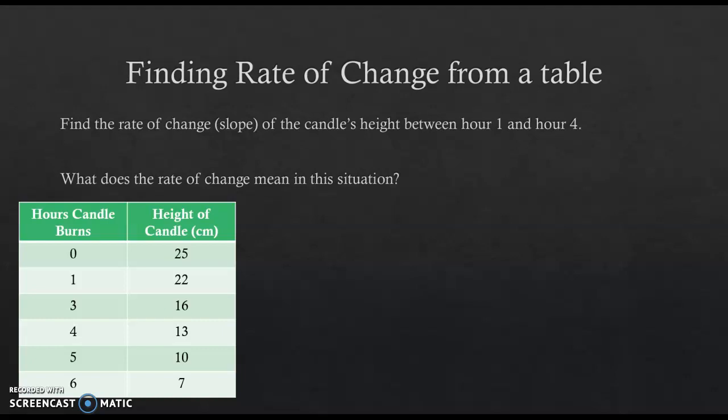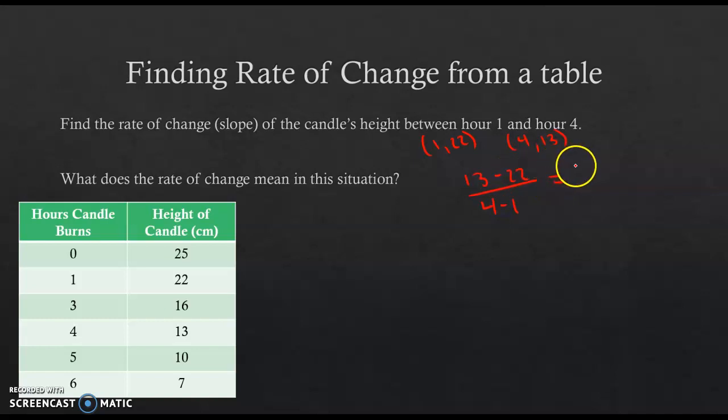So if we do what it asks for, from 1 to 4, we have the points 1, 22 and the point 4, 13. So we're going to do y minus y. So we're going to do 13 minus 22 over 4 minus 1.